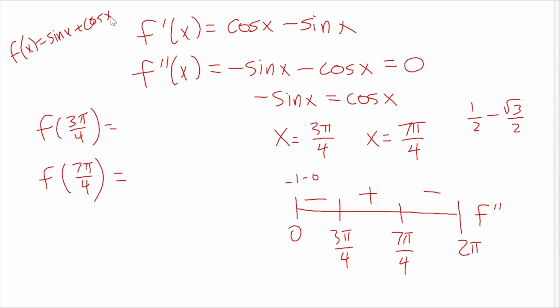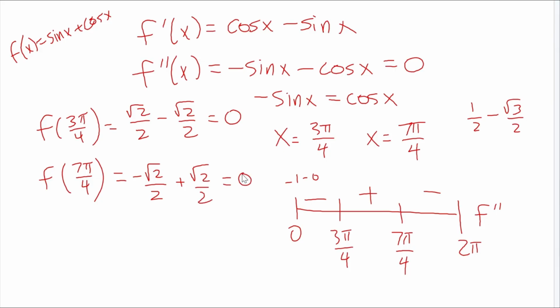Well, the sine of 3 pi over 4 is root 2 over 2, and the cosine of it is negative root 2 over 2, so we get 0. And the same thing happens here, except that the sine of 7 pi over 4 is negative root 2 over 2, and the cosine of 7 pi over 4 is positive root 2 over 2. So either way, we end up getting 0 there.